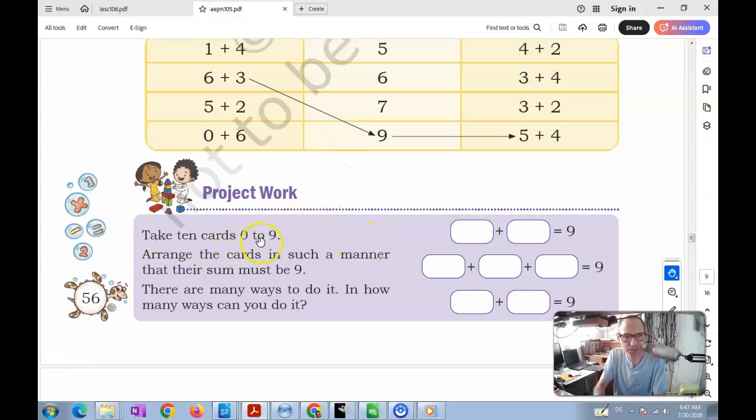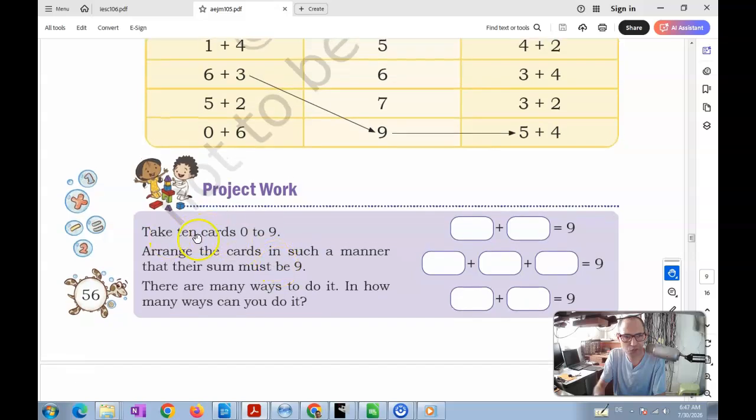And of course, for these number pairs, you can use number cards. Number cards are simple small cards on which you've written some number, and then you can arrange those cards in such a way that their sum is, for example, 9, meaning that you can put a 4 over here and a 5, you can put an 8 and a 1 over here, and so on and so forth.